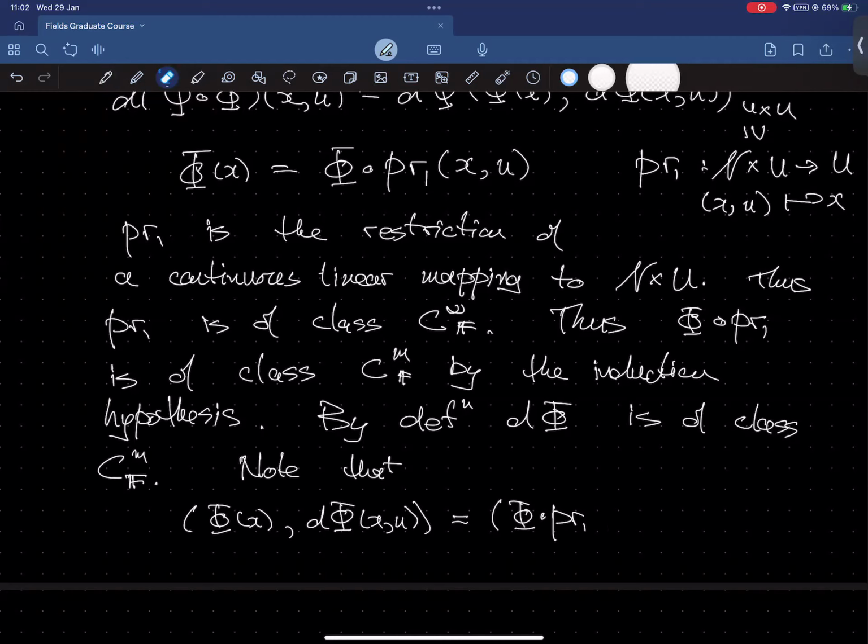Let me write it like this: d phi of x and u. This is a mapping which takes arguments x and u, and returns a pair of things. The first one is this component, and the second one is this component.